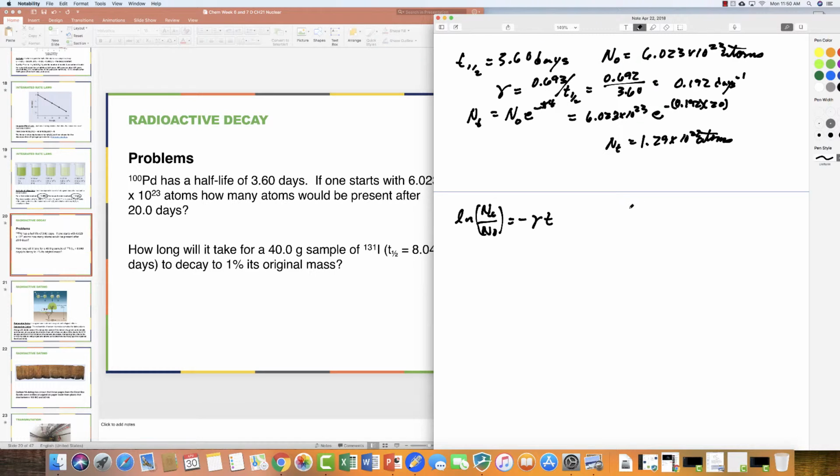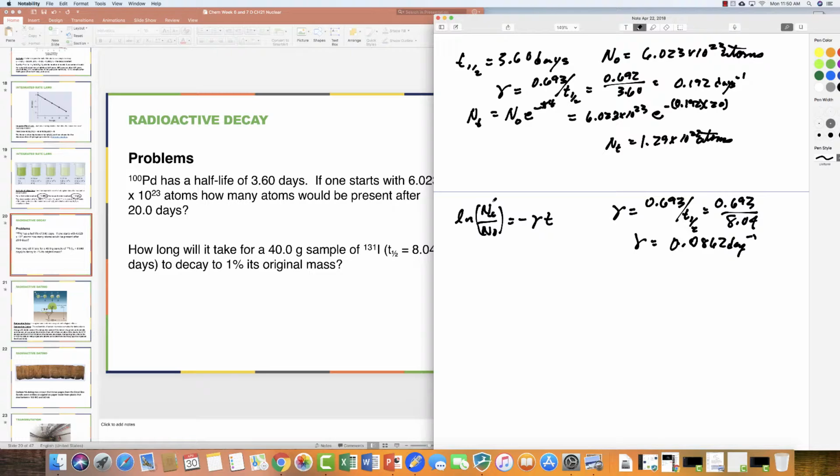Now we have to calculate the decay constant. The decay constant, you'll remember, is equal to 0.693 divided by t1/2, or 0.693 divided by 8.04. So the decay constant in this case is equal to 0.0862 days to the minus 1.